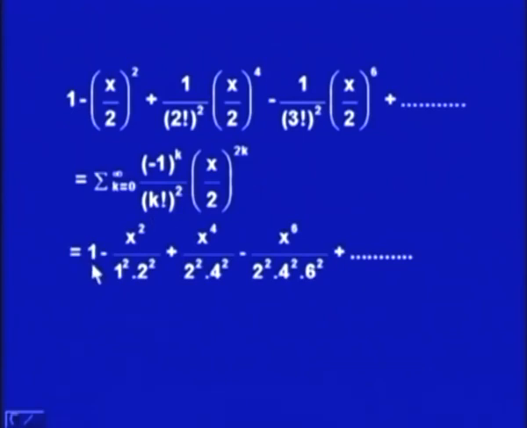We can put it in this convenient form: 1 minus x square over 1 square into 2 square plus x to the power 4 over 2 square 4 square minus x to the power 6 over 2 square 4 square 6 square and so on, which we know is nothing but J_0(x).